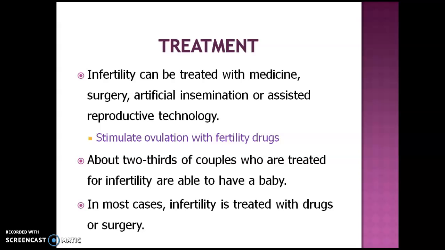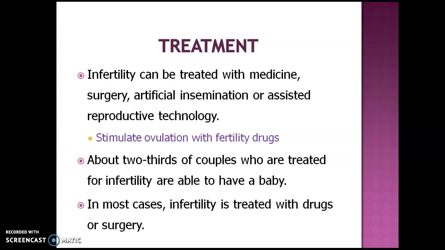Normally in ART, they start with stimulation of ovulation. They give some super-stimulating ovulatory drugs to the patient so that the ovary responds by developing a larger number of eggs.